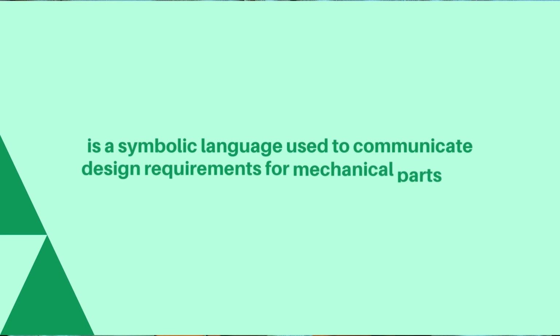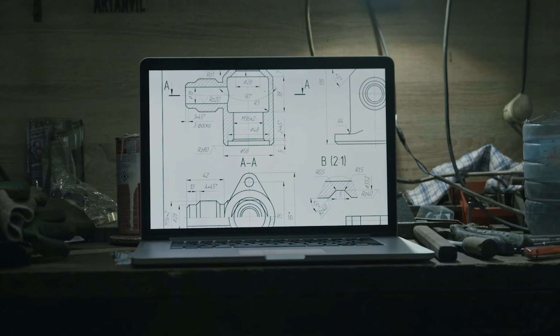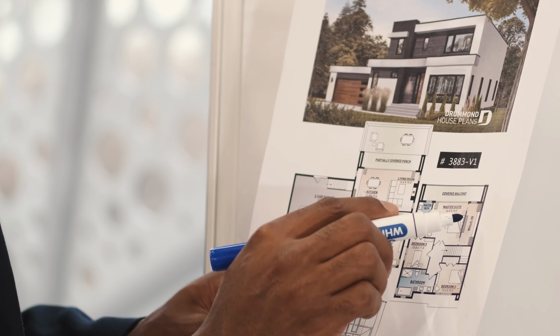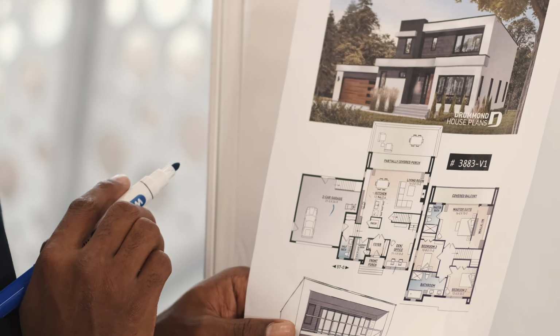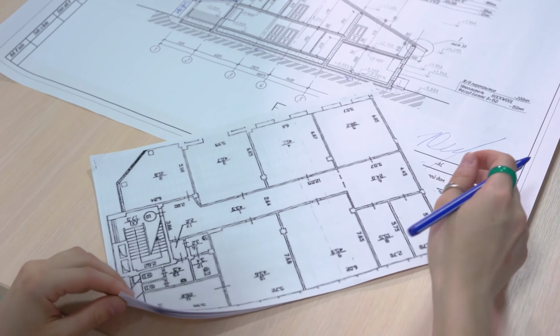To explain it further, GD&T stands for Geometric Dimensioning and Tolerancing. This is a symbolic language used to communicate design requirements for mechanical parts and assemblies. It provides a standardized set of symbols, terms, and rules that help engineers and manufacturers describe the geometry, dimensions, and tolerances of a part.